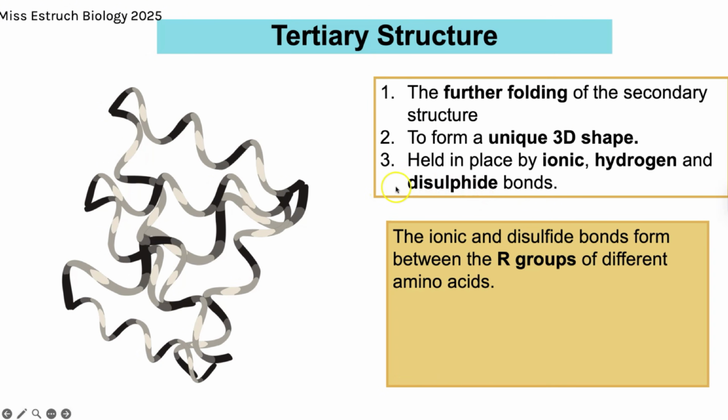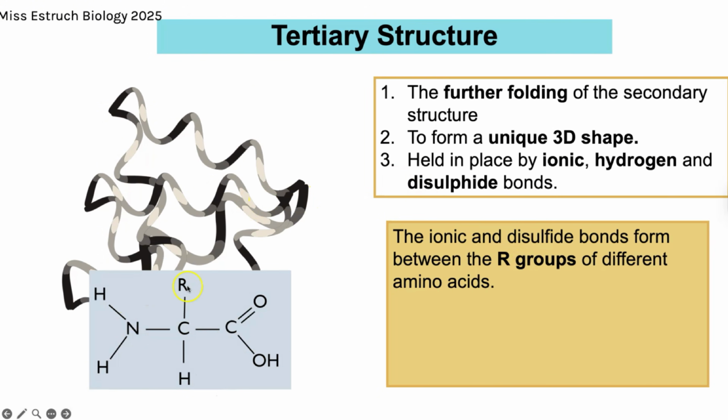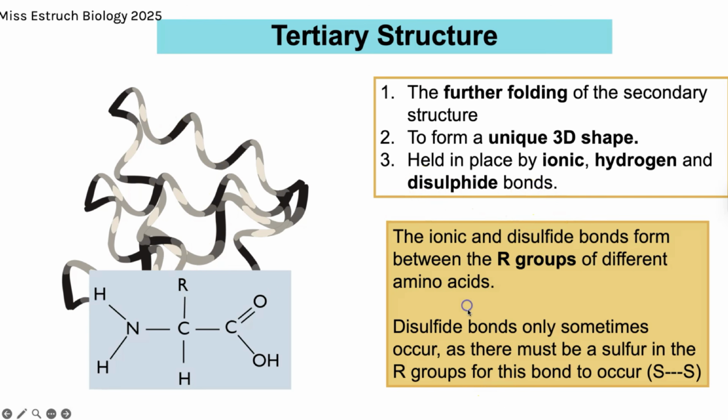Disulfide bonds means two, di meaning two, sulfide means the element sulfur. So if you happen to have an R group that contains sulfur and you have two of those in your chain, then you can get a disulfide bond as well. But you don't always get them because you only get those disulfide bonds if you do have two R groups that have sulfur.